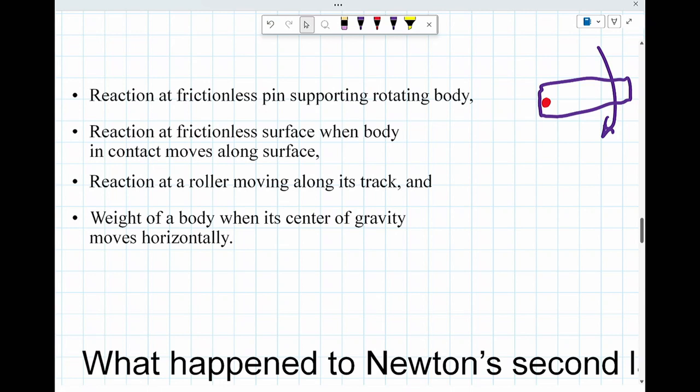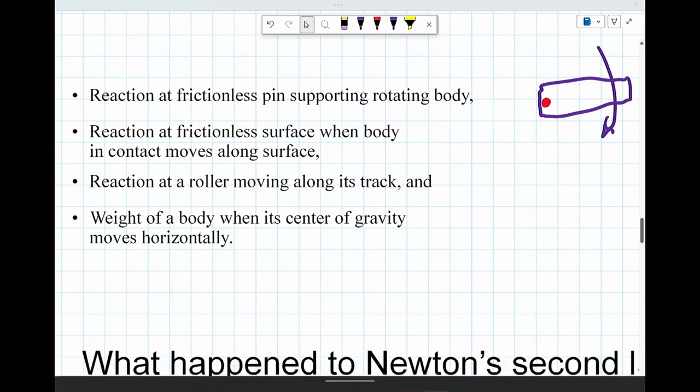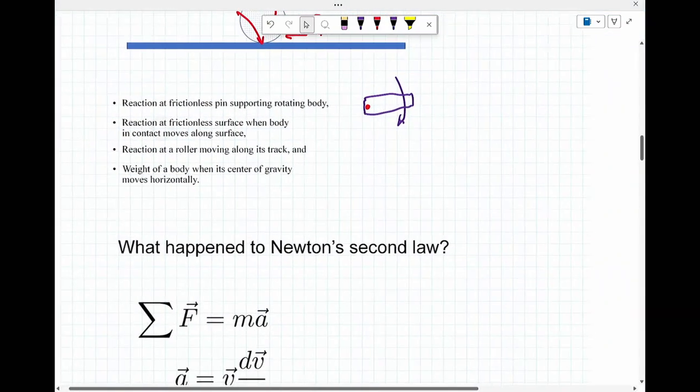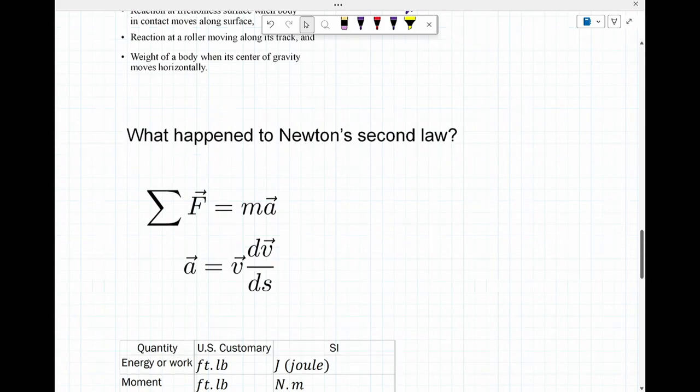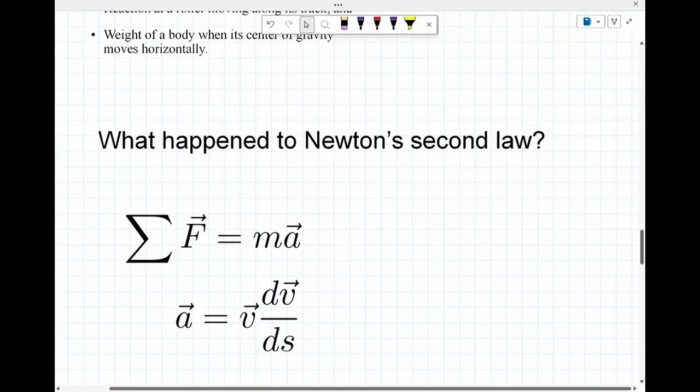All of that is to tell you that this is a really interesting tool for analysis because it doesn't depend on what's happening to your body. It matters what happens at the beginning and end.